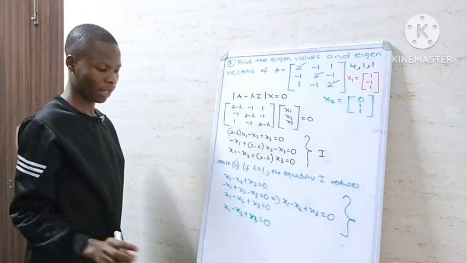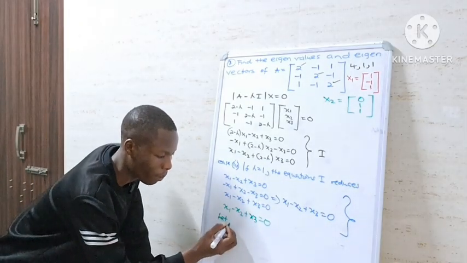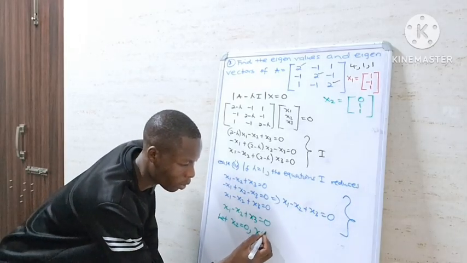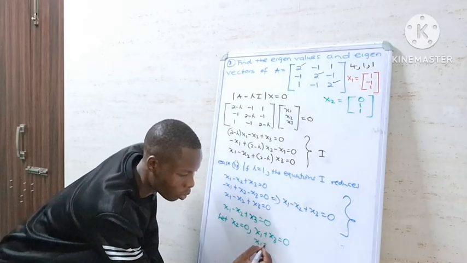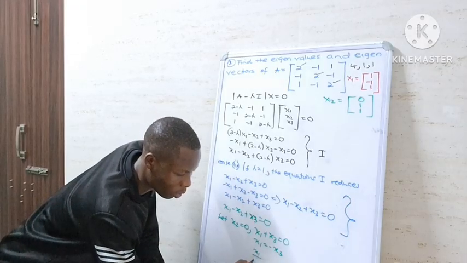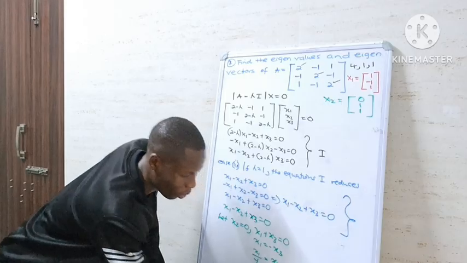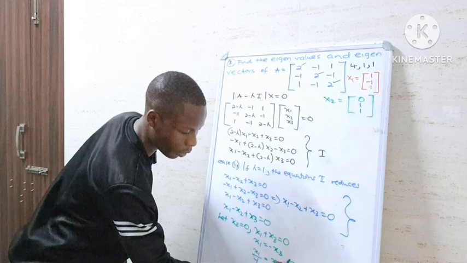Now I'm going to assign the value 0 to x2. Let x2 be equal to 0. This becomes x1 plus x3 is equal to 0, so x1 is equal to negative x3. This is x1 by negative 1 is equal to x3 by 1. If you do cross multiplication, you will return here.